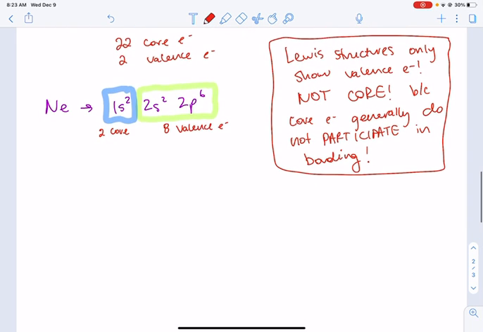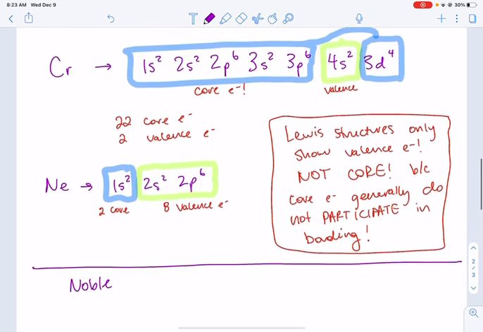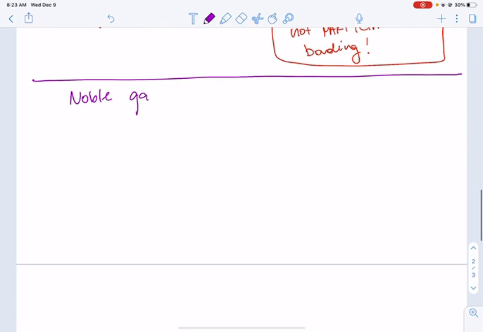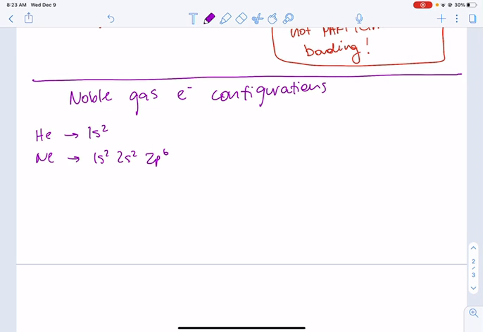All right, so now let me show you something that maybe will make your life a little easier. So we can do noble gas electron configurations. So the noble gases, helium, that's 1s2, neon, 1s2, 2s2, 2p6, and we'll do the next one, which is argon, 1s2, 2s2, 2p6, 3s2, 3p6.